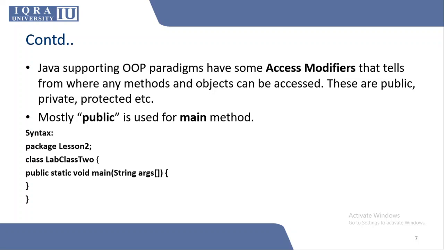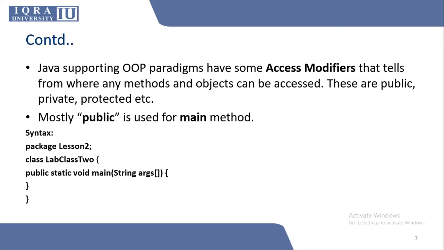Java supporting the OOP paradigm has some access modifiers that tell from where any methods and objects can be accessed. So basically in Java we have some access modifiers. What does it mean? We have some restrictions on accessing a method.